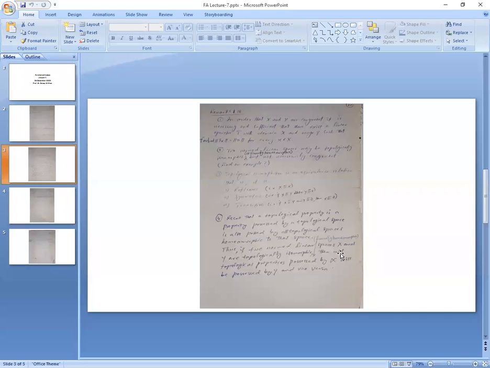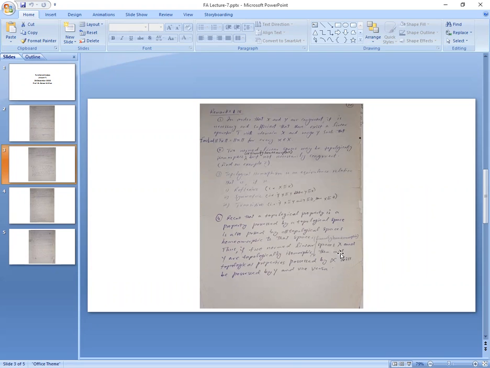This means that if X is any topological space and there are other topological spaces which are homeomorphic to this topological space X, then the properties possessed by X are also possessed by the other topological spaces. This is called topological property.